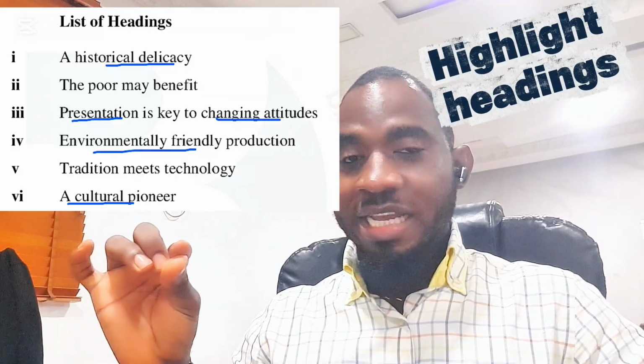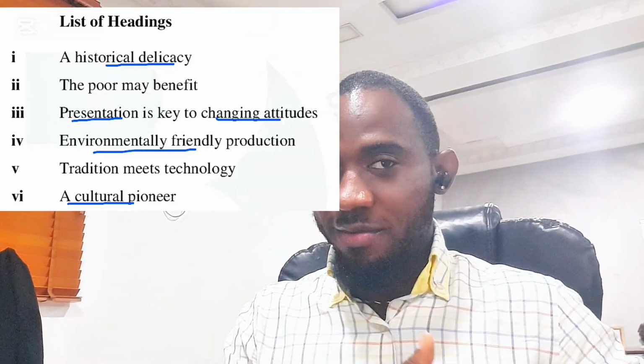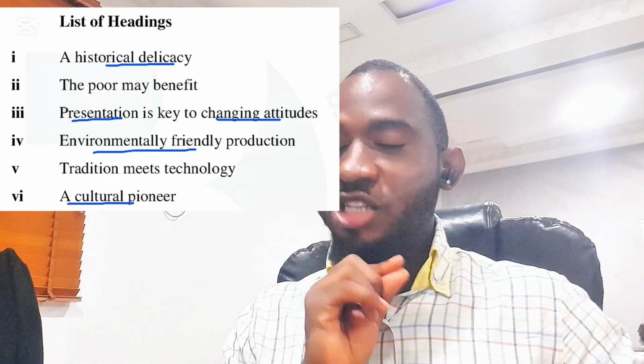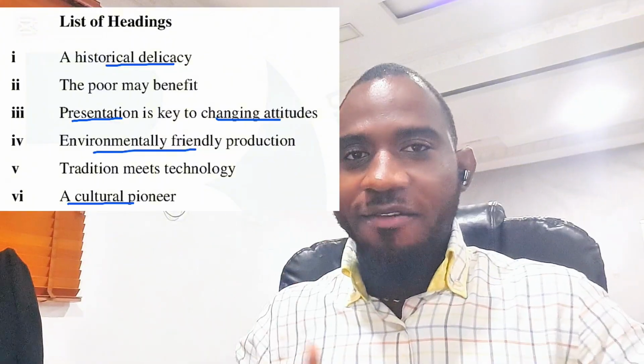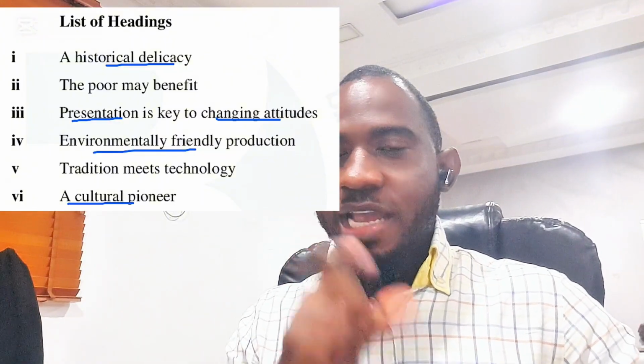So you want to be sure to highlight the keywords you have on each of the headings, right? You can even go as far as looking at other question types, because often you discover that in the same paragraph that you're reading to give a heading to, you could find answers to other kinds of questions.